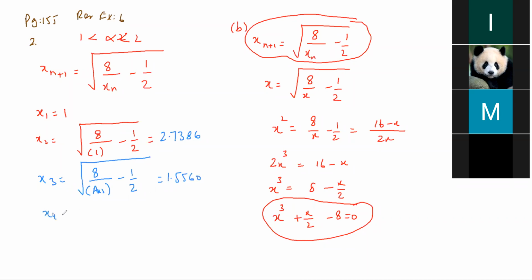Then I go for x4. I only have to press the equal button now. This is 2. You see the values are switching between and beyond this alpha's range. 2.1544 and x5 1.7926.